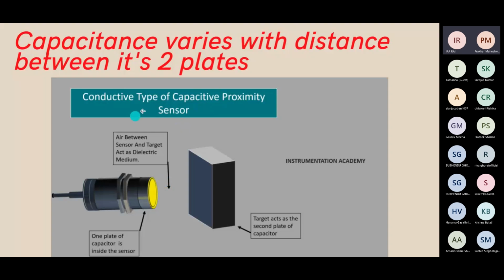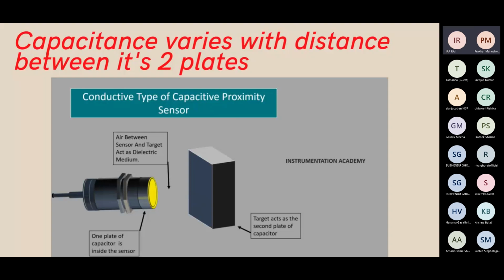So in this conductive type, as the object approaches the sensor, some capacitance would be there and the distance decreases, so the capacitance increases. Again, the oscillation would increase up to some amplitude and some electrical output would be sent.